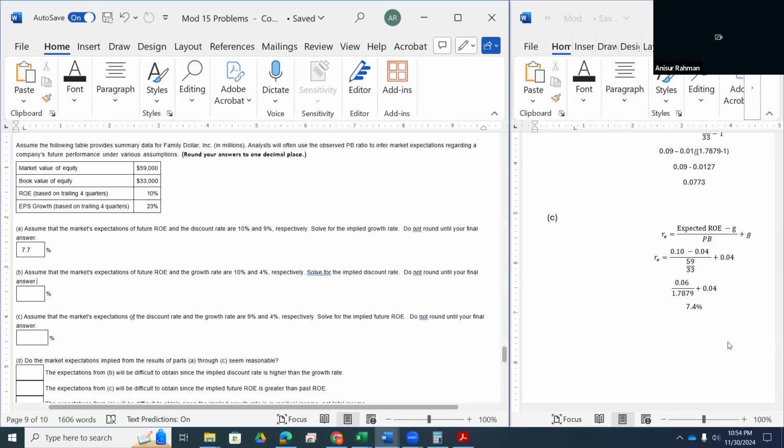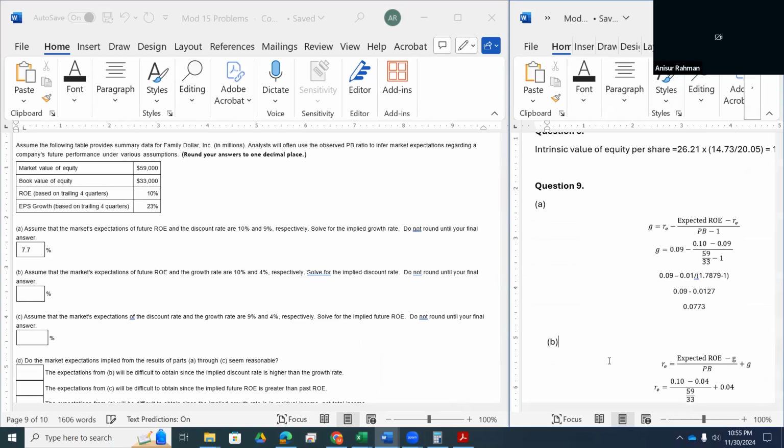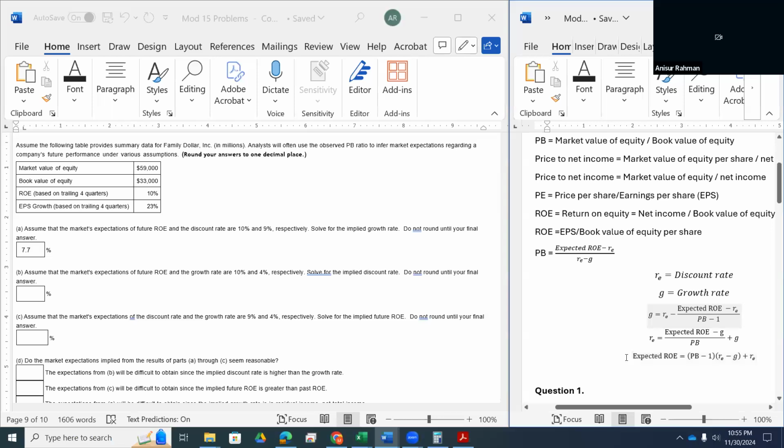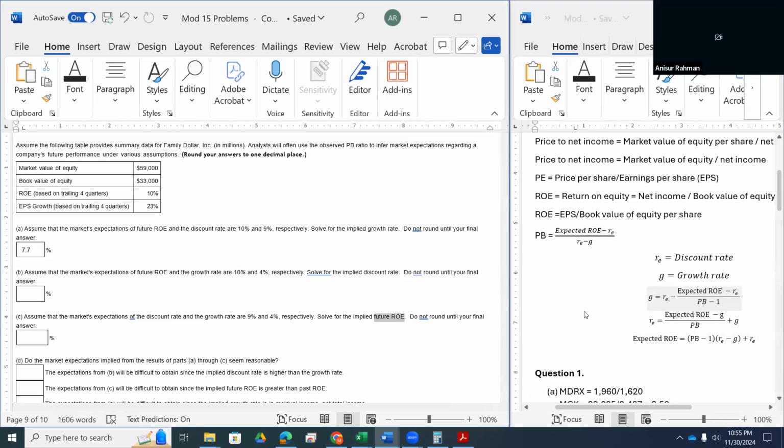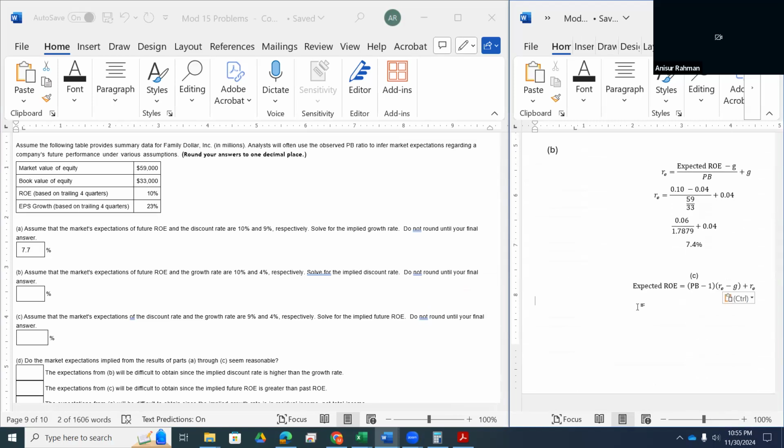Now, part C, so part C is expected ROE. So we have to find out future ROE. So PB we already calculated, 1.7879.